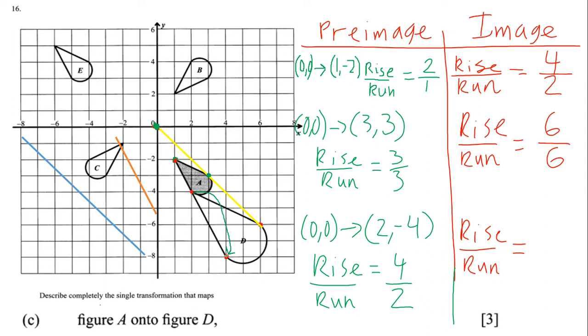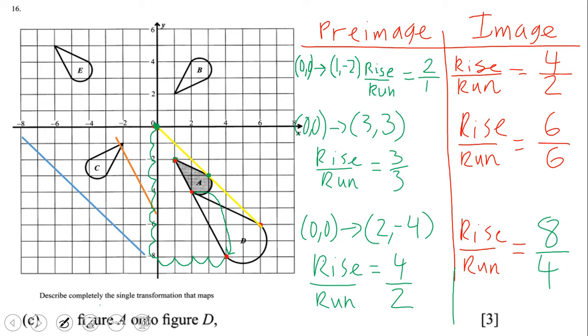So what is this point right there? What was our rise? 1, 2, 3, 4, 5, 6, 7, 8. So our rise was 8. Our run was what? 4. Yes. 1, 2, 3, and 4. Good. All right. So we have all of them.